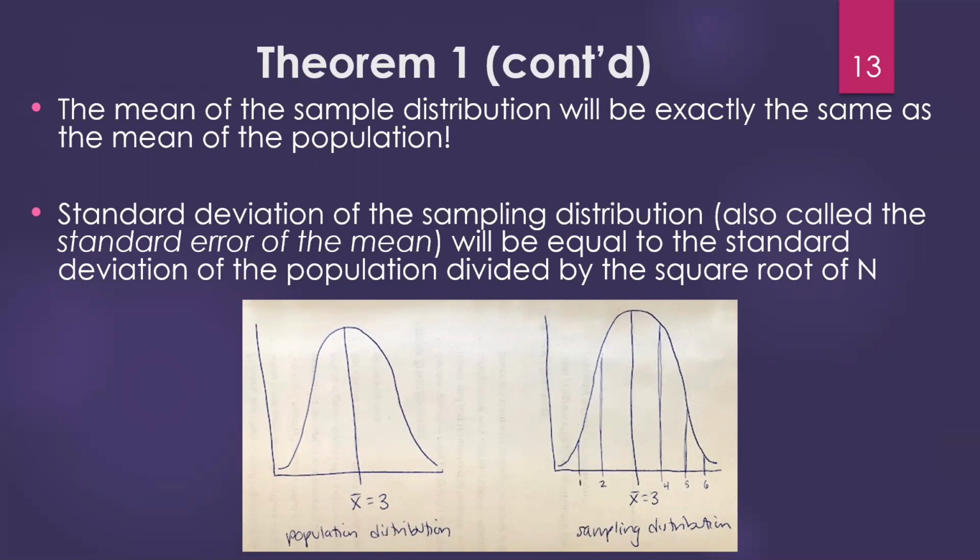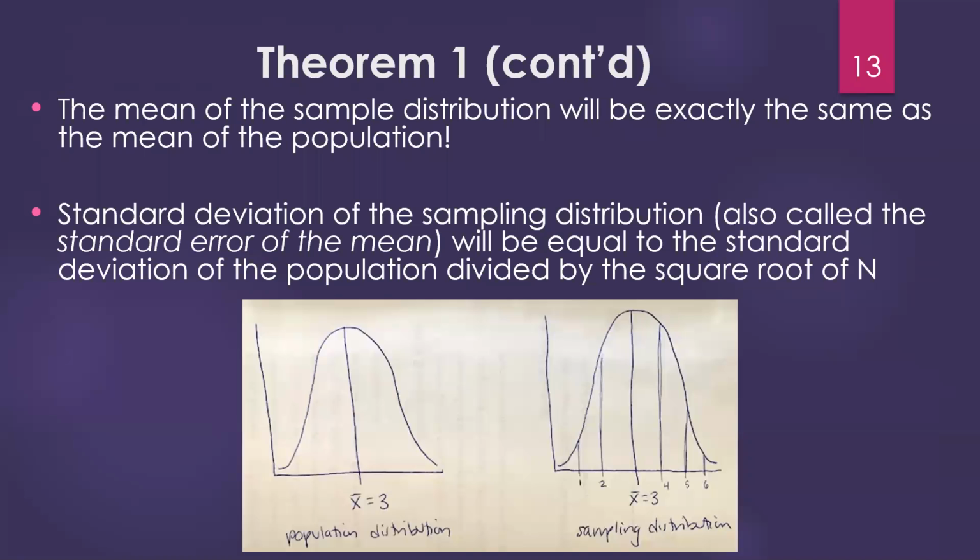So the takeaway here for theorem 1 is that this is a rule of statistics that smarter statisticians than you and I have figured out over a long period of time: if you take enough samples and chart the means for those samples, your sampling distribution is going to match the actual population distribution if the population is normally distributed.